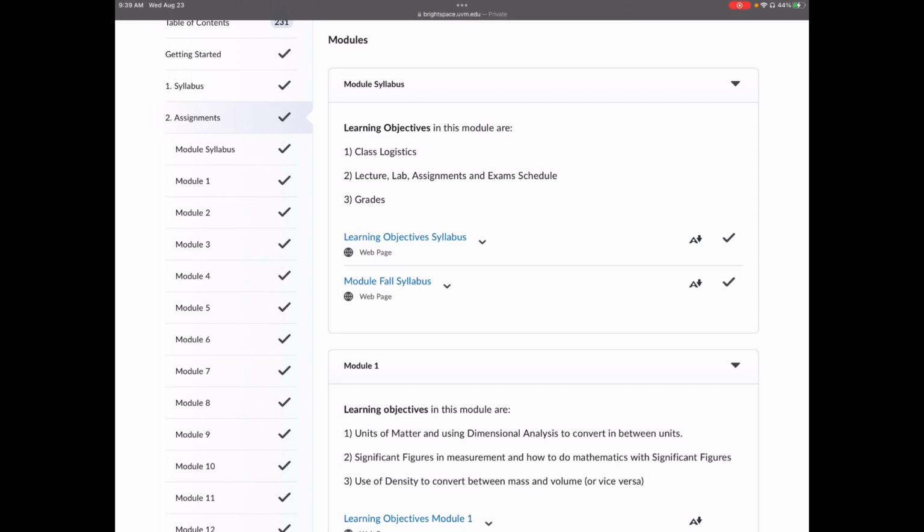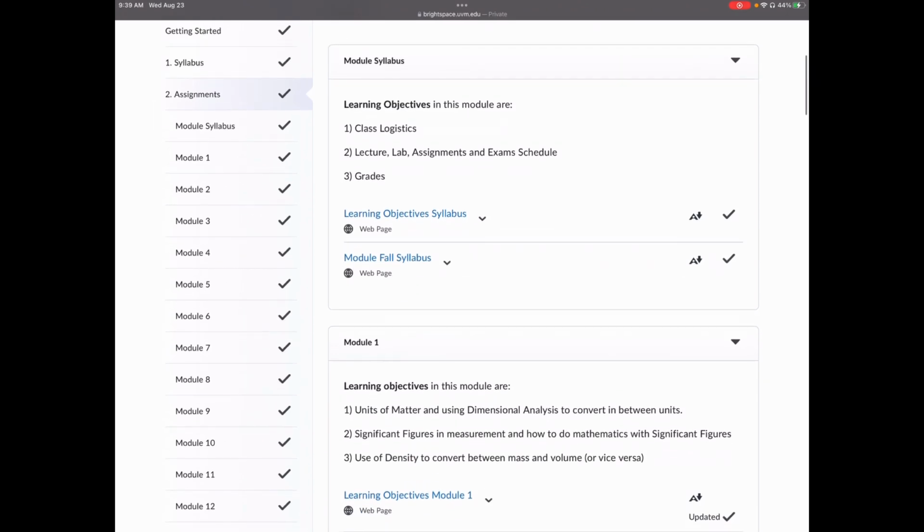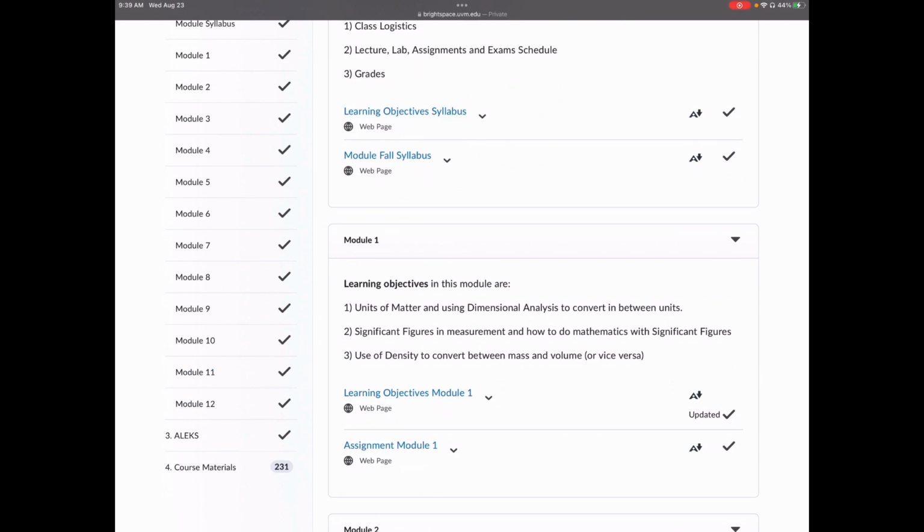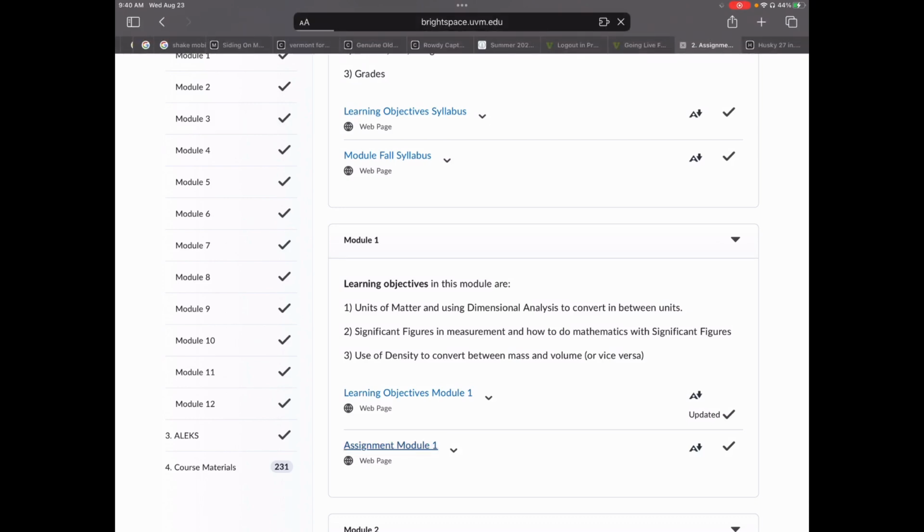We have then modules 1 through 12, which is basically what we'll be covering here in Chem 31. So we can go through each one of these modules and see that, for instance, if we go to module 1, chapter 1, we have some learning objectives here at the bottom. And at the very bottom, we see assignment for module 1. And we enter into this pane.